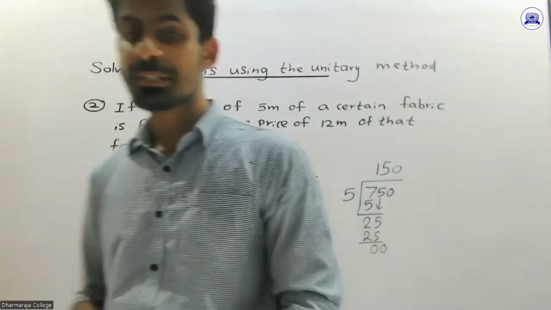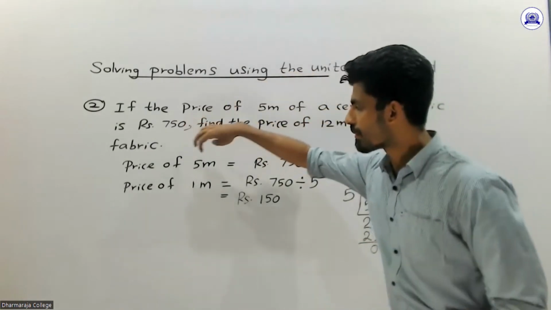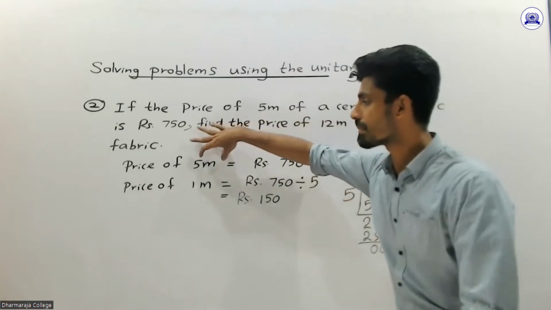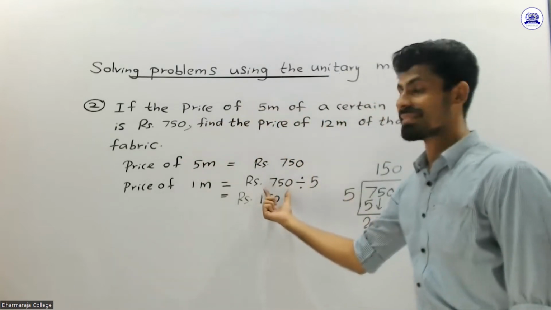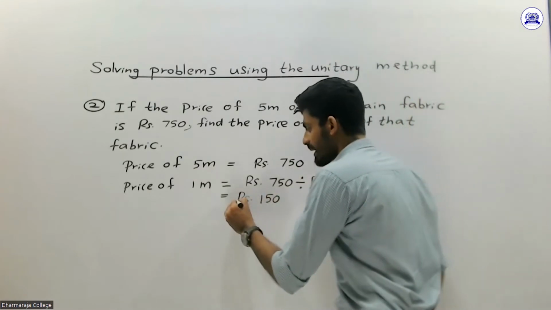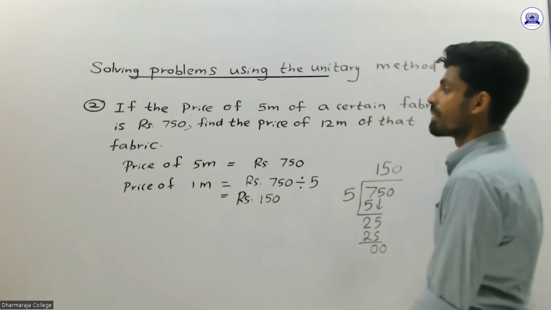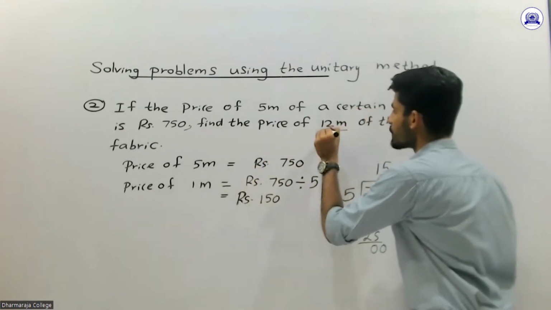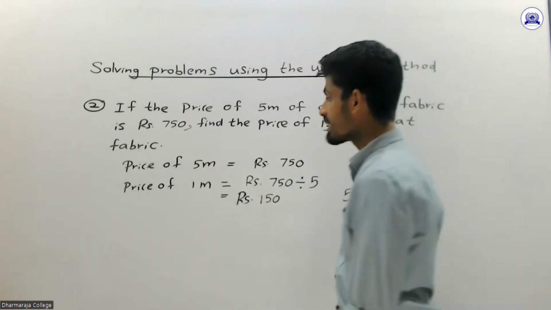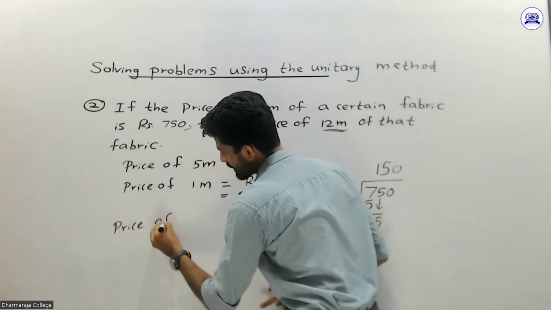What is the price, my dear student? 150 rupees. Very clear. 5 meters equals 750. So what is the price of 1 meter? 1 meter means divide by 5. 750 divided by 5. So what is the value? 150 rupees, right? But we need to find the price of 12 meters.